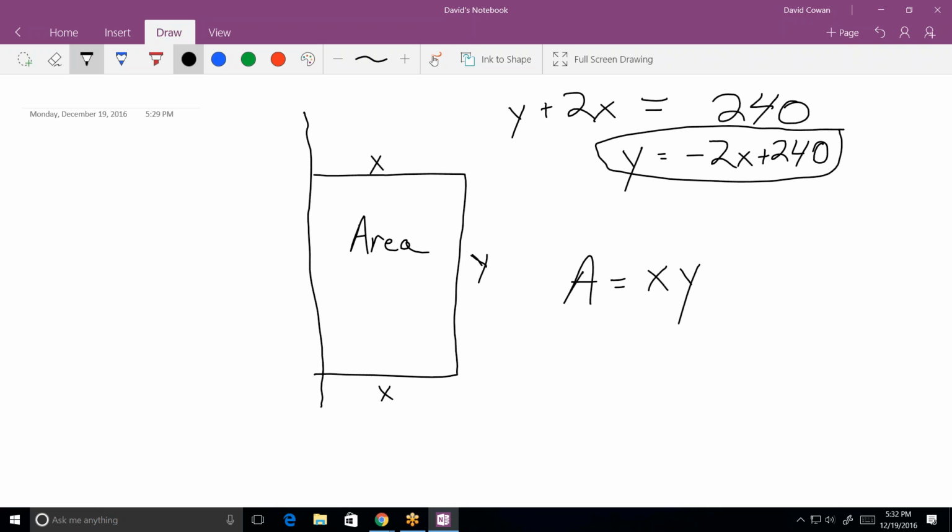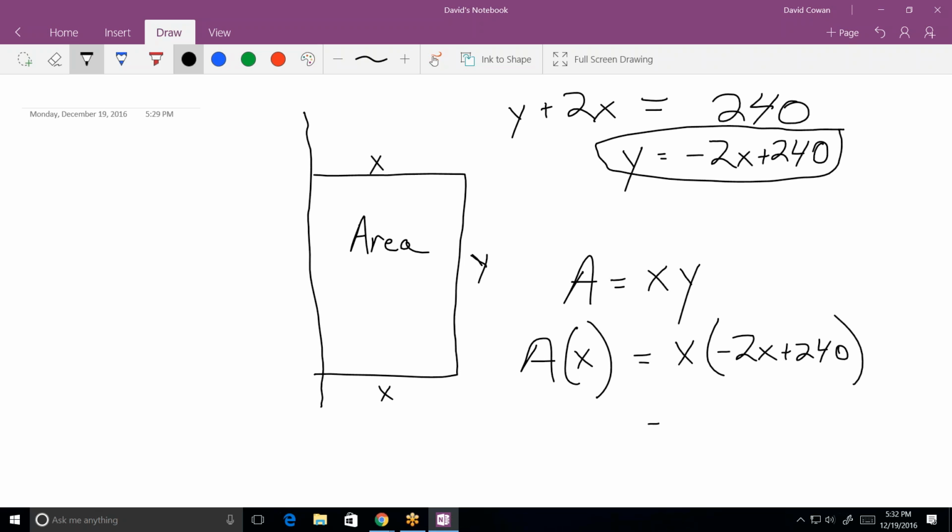And now I can go down to my area function, the function that I'm trying to maximize, and I can make it all a function of x. It didn't do me much good when it was a function of x and y, but now I'm going to have it completely as a function of x by substituting for y.